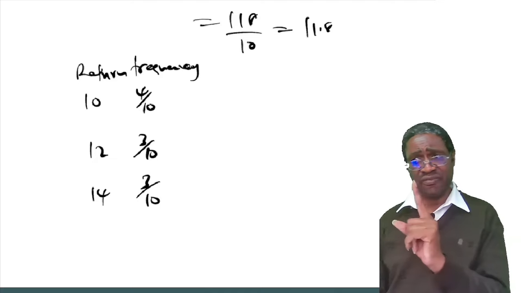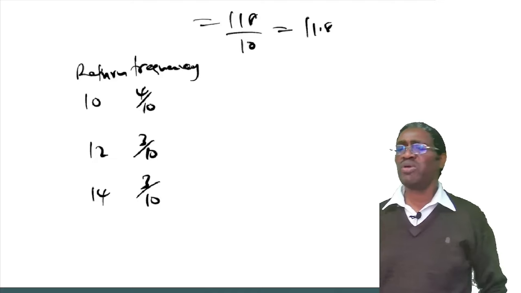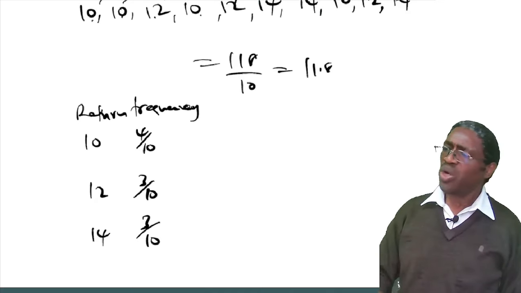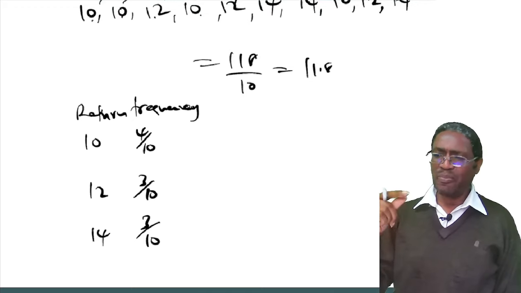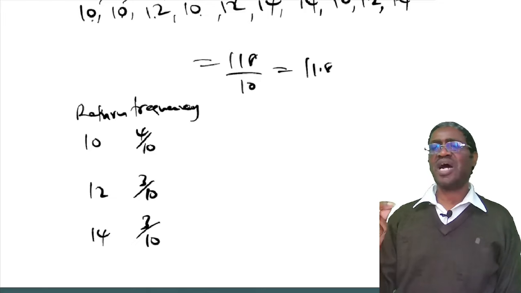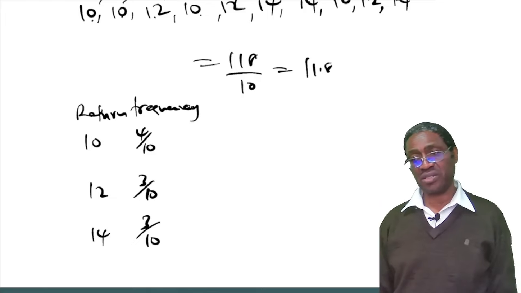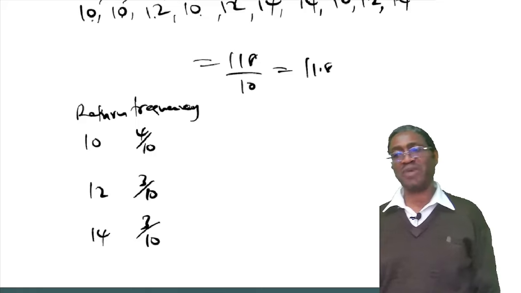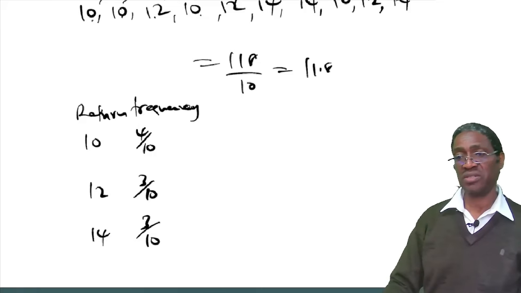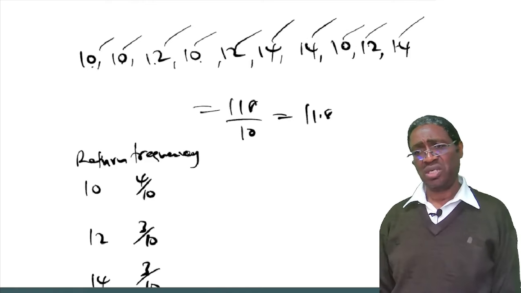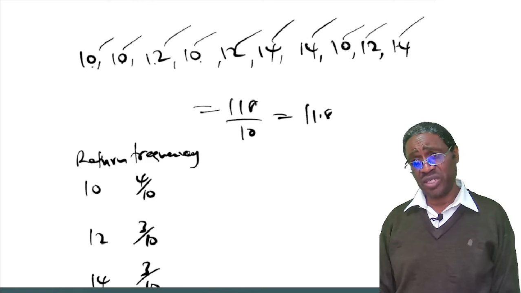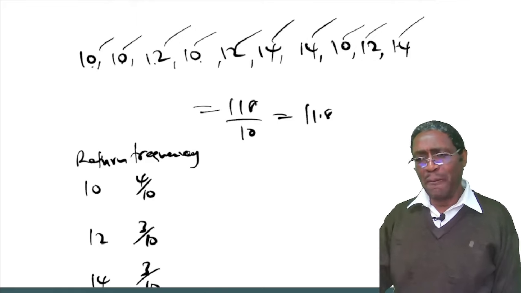Now listen carefully. You may be asked, what is the probability that I will get a return of 10% on my investment, maybe next year? If this has been the history of this investment, what is the probability?